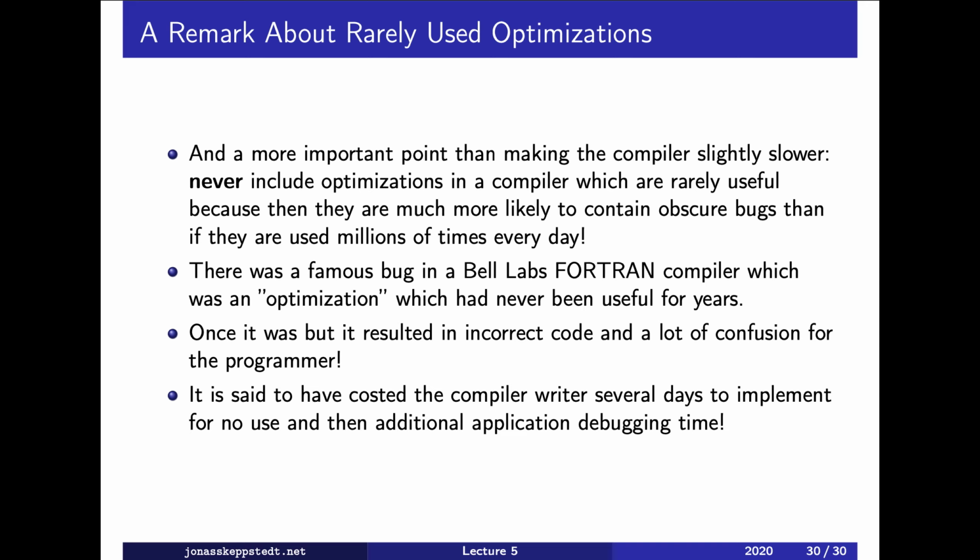And once, after a few years, it was invoked and found something to optimize, but it was buggy. So the programmer who got this was obviously confused and didn't think it was due to the compiler. And the bottom line of this is that compiler optimizations should be used a lot. Otherwise, they should be removed.